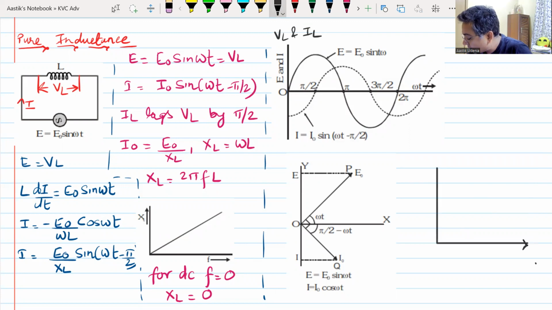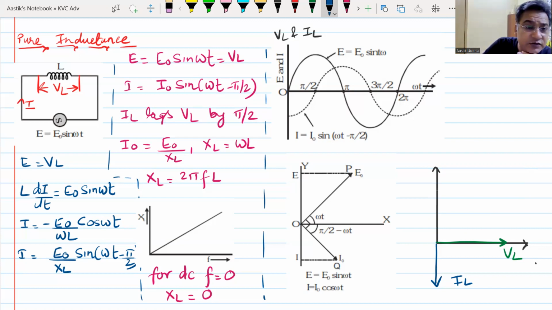I can also draw the phasor in this way. I can draw my VL here. If I draw my VL here, where is my current? My current IL would be here. Do we understand this? Yes. Yes, sir. I'll give you 2 minutes to note this down.